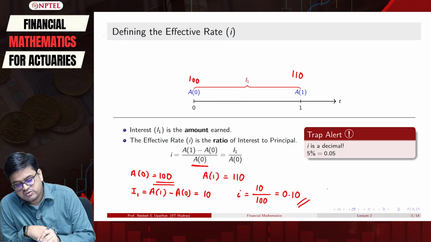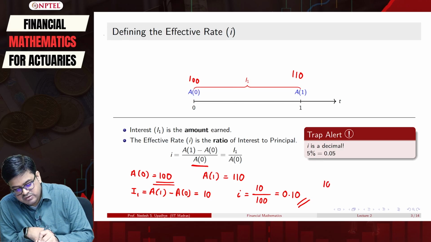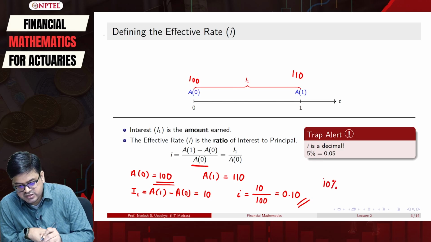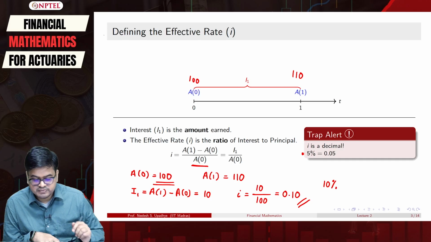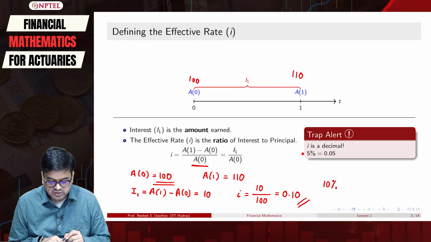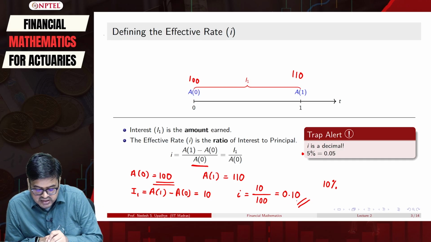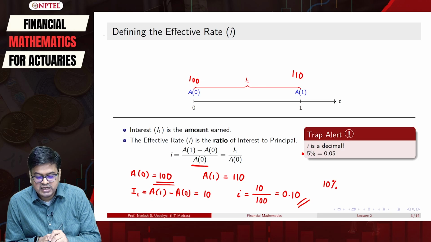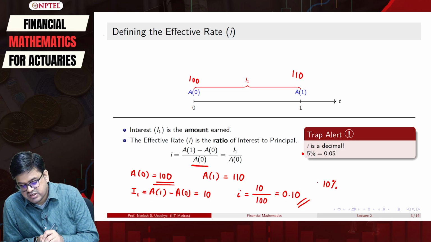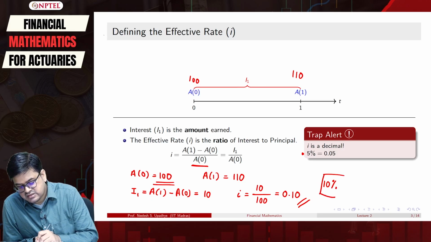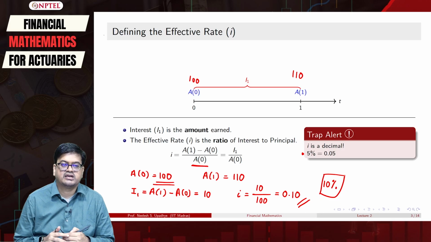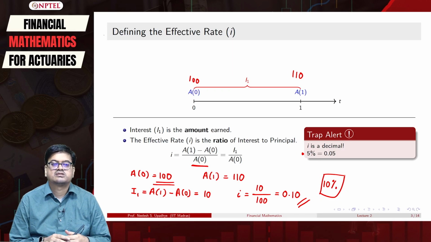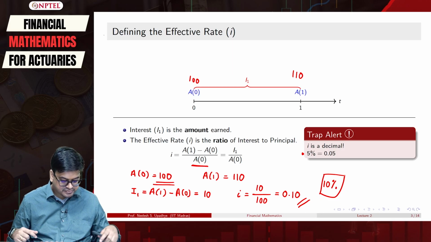When I talk about it in percent terms, it will be 10% rate of interest. Whenever you use this formula, you will get the interest rate in decimal terms, and you always have to convert it into percentage terms in order to communicate it to the general public. So it's 10% rate of interest.